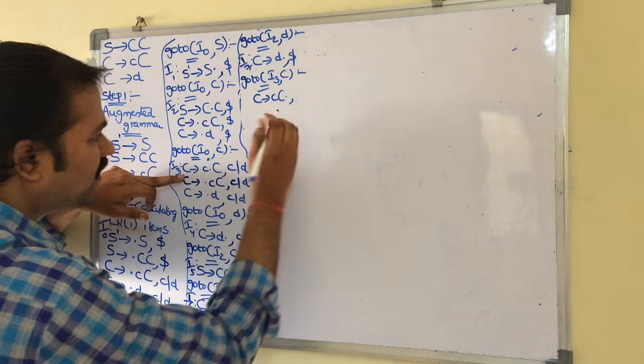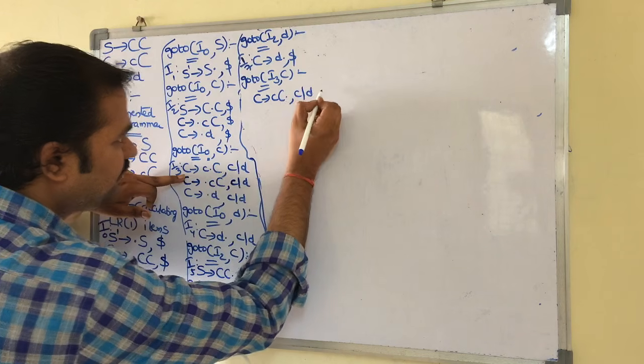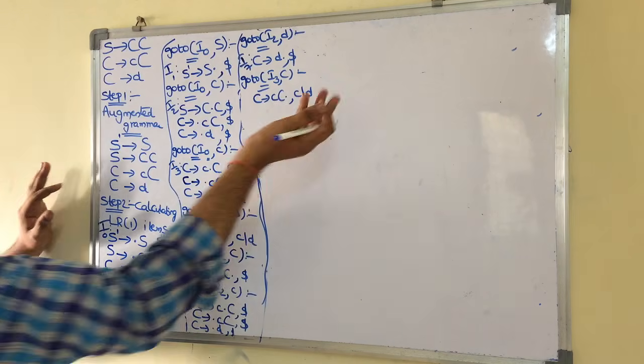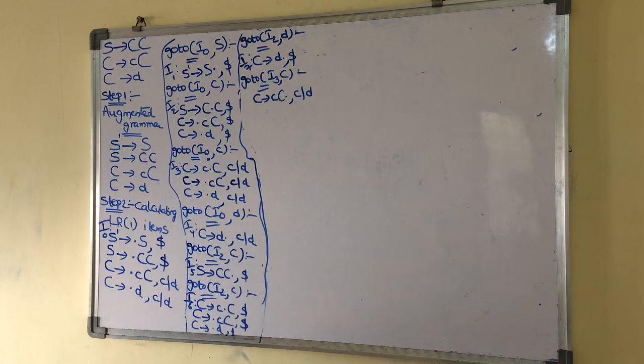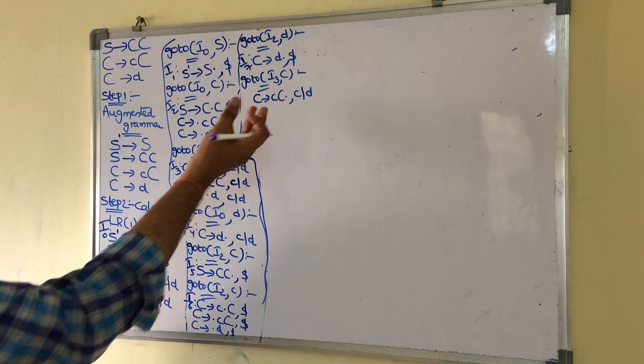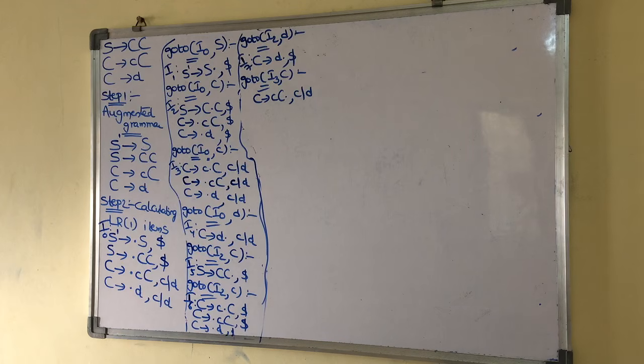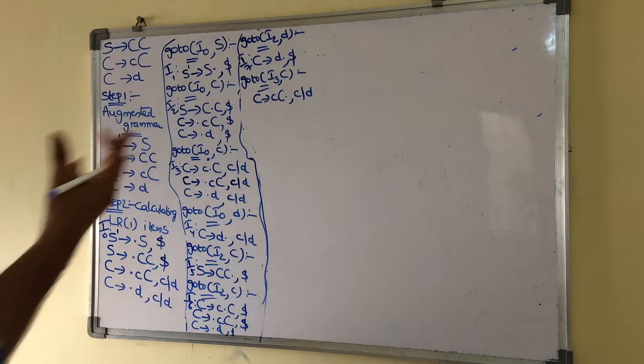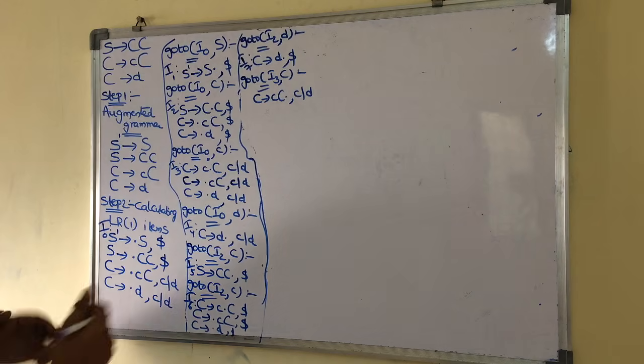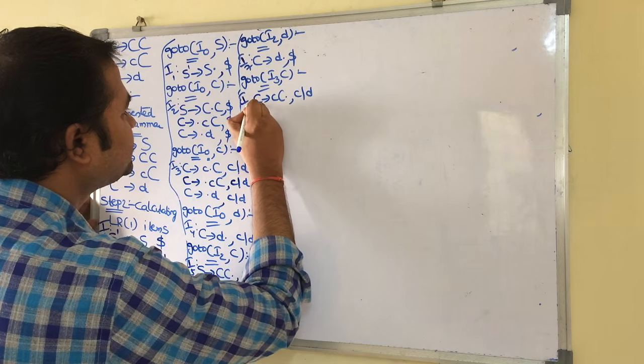We have to write the lookahead part as it is. So C or D. Here after dot there is no symbol. Okay. So there is no need of any expansion. So we have to check whether this production is available in any state or not. So this is not available in any state. So let us consider this one as I7 is over.